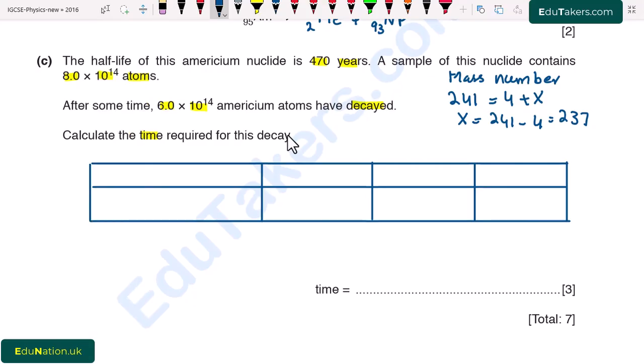So first of all, I write here number of atoms. And here we can see that it is multiple of 10 to the power 14. So I also write multiple of 10 to the power 14. Next is time, which is given in years.